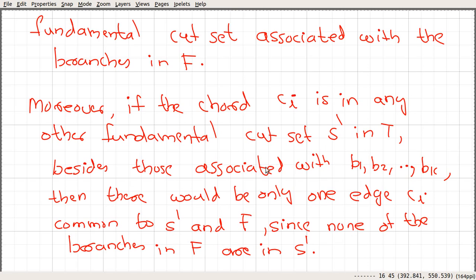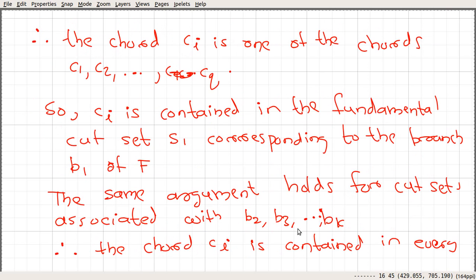So, if the chord Ci is in any other fundamental cut set, say S dash in T, besides those associated with B1, B2 up to Bk, then there would be only one edge Ci common to S dash and F, since none of the branches in F are in S dash. So it will violate this condition.